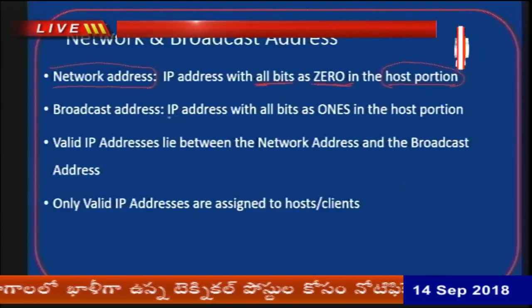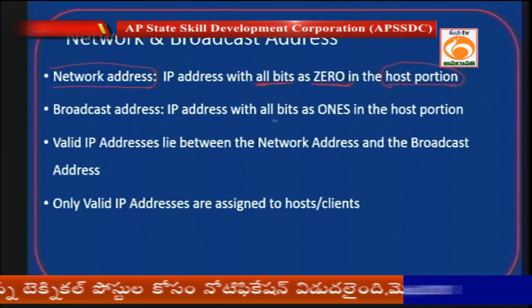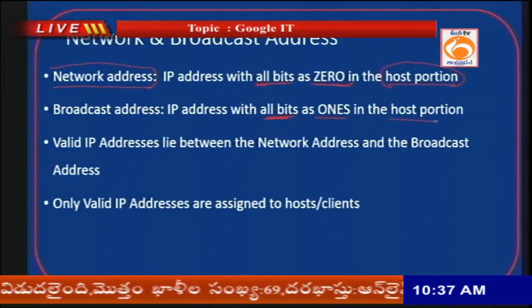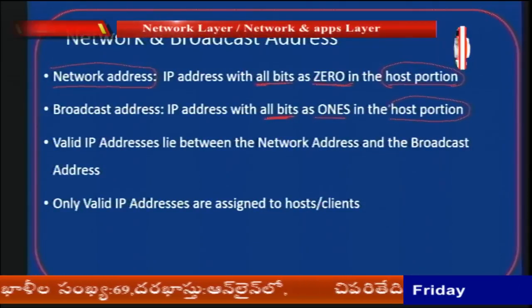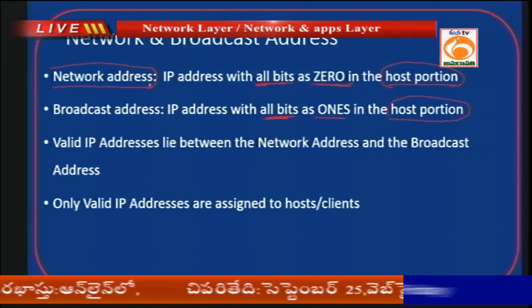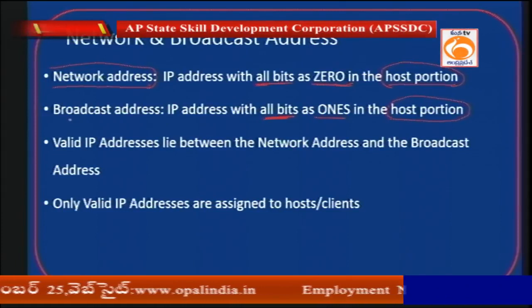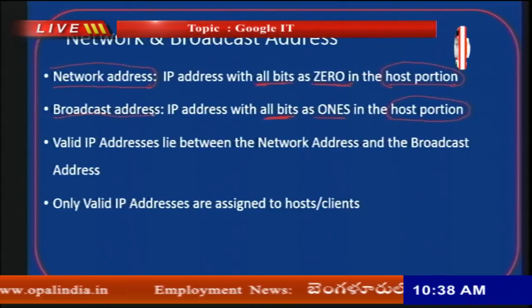And when all the bit values are set to 1 in the host portion, it is called broadcast address. When the values are set to 0, it is called network address.